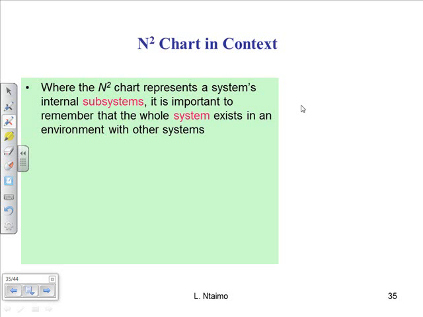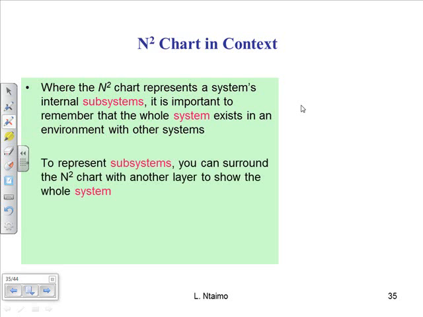And so it is very important to remember that an n-squared chart has to be in a given context. Remember we talked about the system environment. Sometimes we want to represent the system environment as well in an n-squared chart, and we can do that. In that case, we can surround the n-squared chart with another layer to basically show the whole system.